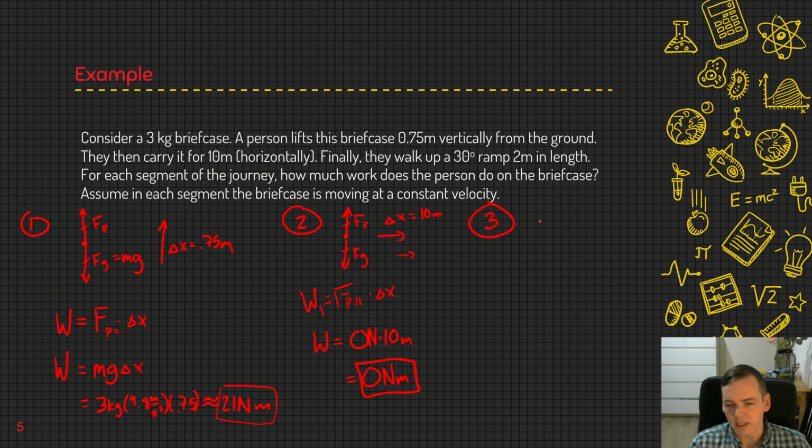Okay, lastly, we have the person exerting a force upwards, again because the briefcase is moving at a constant speed, but this time our delta x is at an angle.